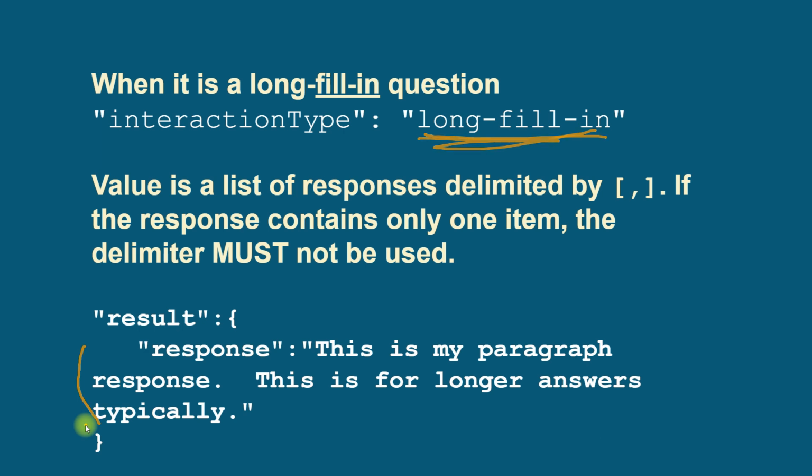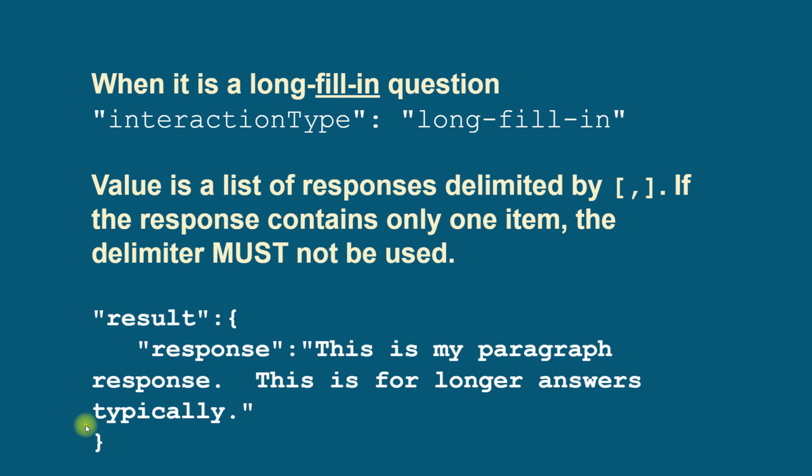What is the difference between these two? Right now, it's pretty arbitrary. These came from SCORM, and SCORM had what were called smallest permitted maximums. What's the smallest maximum that you could have for this value? Fill-in and long fill-in had a number of characters that you had to support.